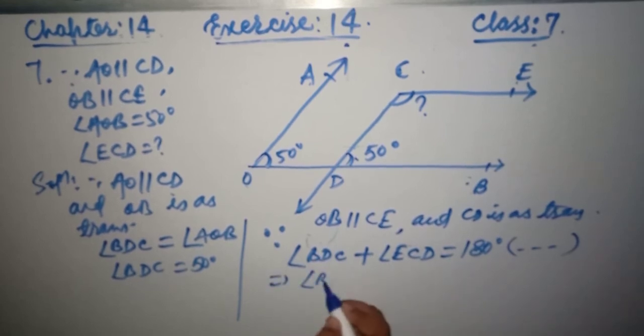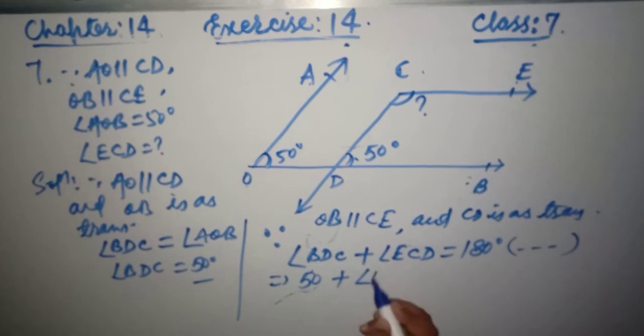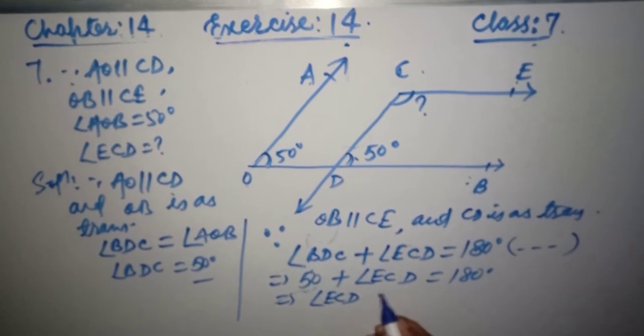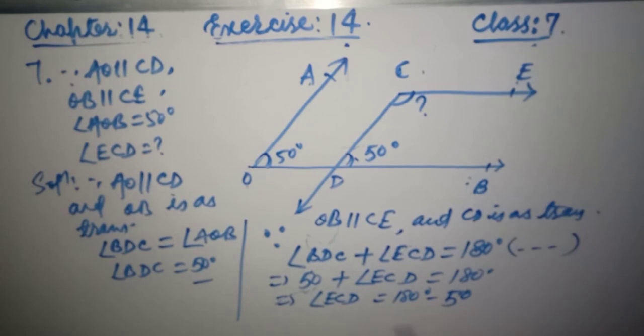So angle BDC is given, this is 50 degrees, and angle ECD plus 50 is equal to 180 degrees. So angle ECD is equal to 180 minus 50 degrees. Therefore angle ECD is 130 degrees. So this is the answer. I hope friends you will understand.